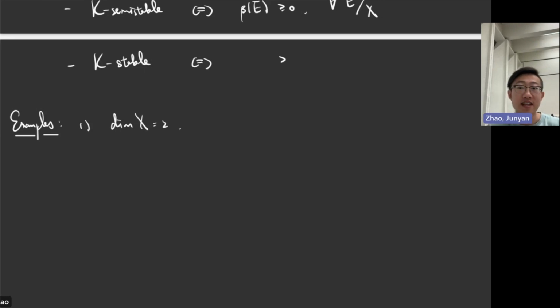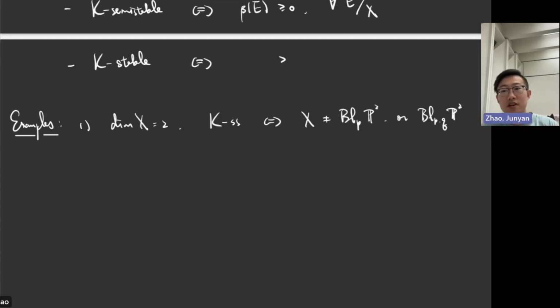Let's consider the smooth case, so it's a smooth del Pezzo surface. It is K-semistable if and only if it is not equal to the blow up of P2 at 1 point or 2 points, because in those two cases, the automorphism group is not reductive.